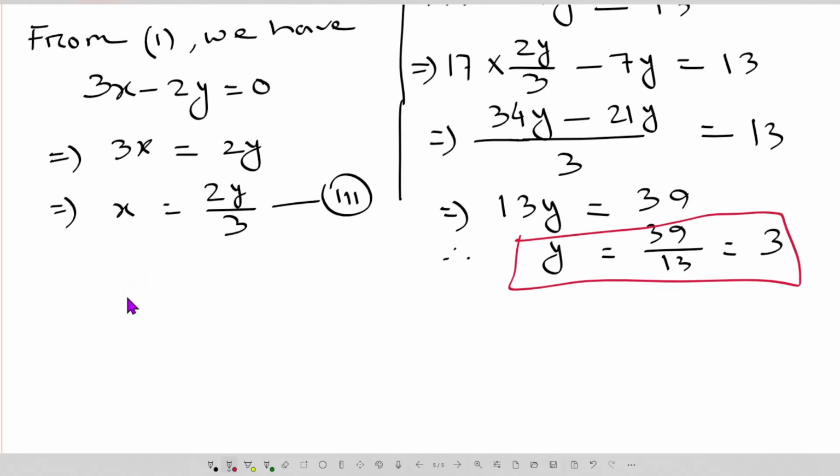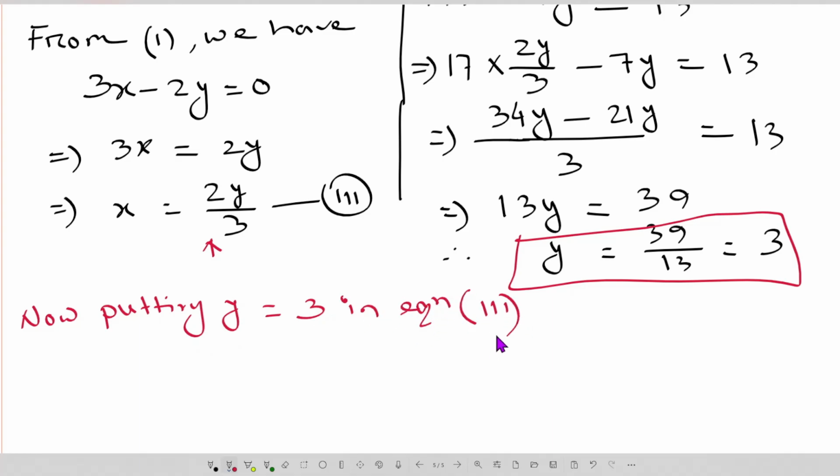Now in equation 3, we can write, putting y equals 3 in equation 3.